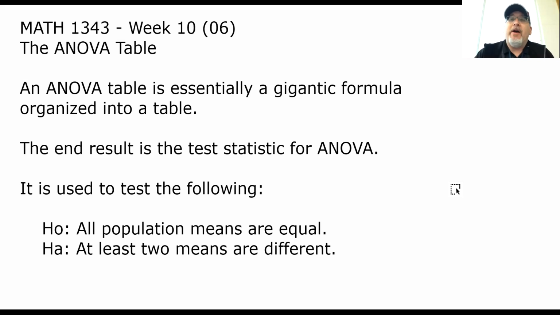We've talked a little bit about analyzing pictures of sample data sets to determine whether or not there's cause to believe that population means might be equal or possibly different. We've talked about conditions under which the F distribution is appropriate for an ANOVA test. And we've talked a little bit about calculating variability. In fact, the three types of variability: variability within groups, variability between groups, and total variability.